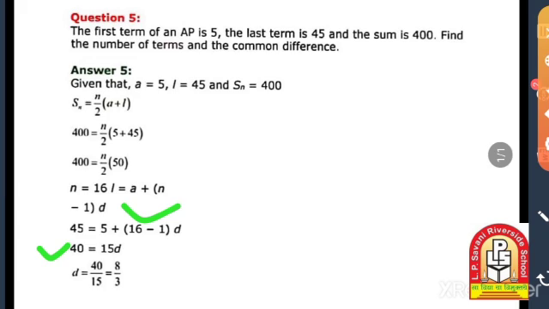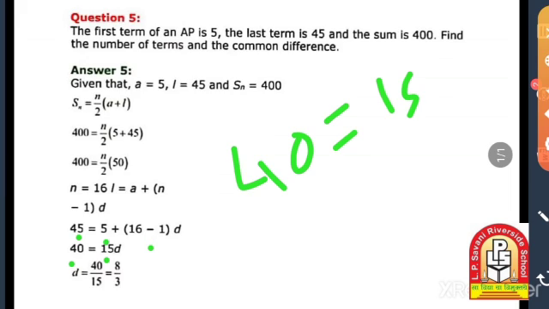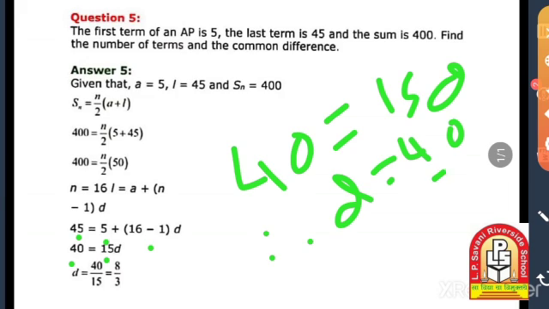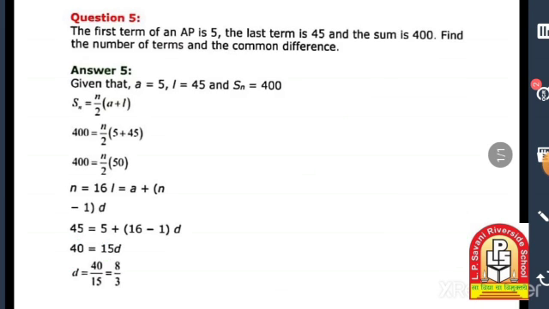Here we take 45, which is the last term, as L, and n is equal to 16 terms, and we have to find the value of d. So 45 minus 5 is 40, and 16 minus 1 is 15. So 40 is equal to 15d. So d is equal to 40 upon 15, that is 8 by 3 over here.